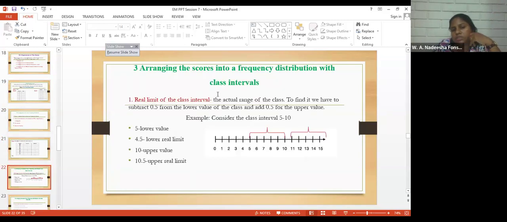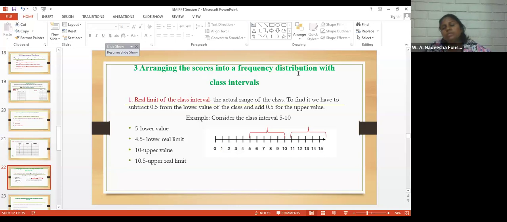So we have to go for the third one, that is arranging the scores into a frequency distribution with class intervals. When using class intervals, we have to consider several points.